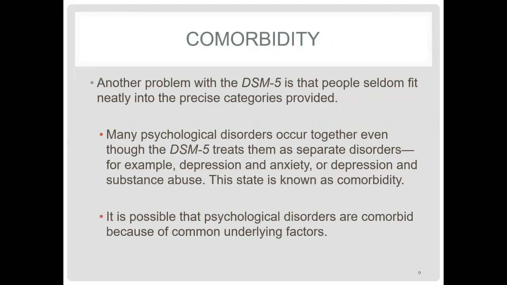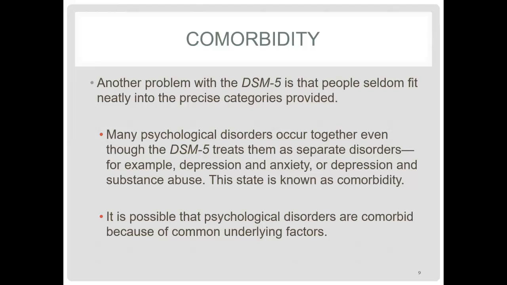Another problem with the DSM-5 is that people seldom fit neatly into the precise categories that are provided. There's a concept called comorbidity, and this is where a client or patient has more than one disorder. It may be more than one psychological disorder, or it may be a psychological disorder with some other physical health issues going on.